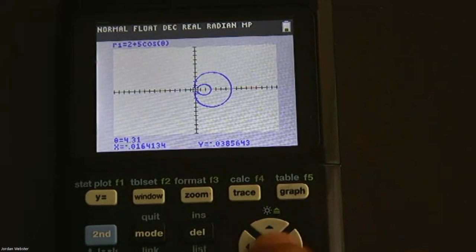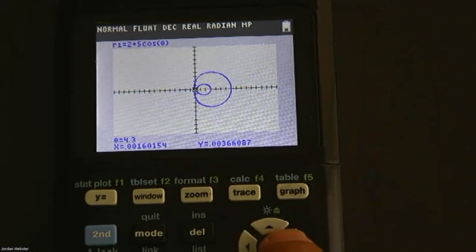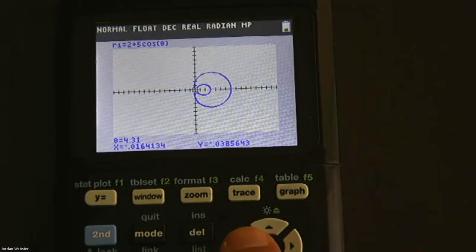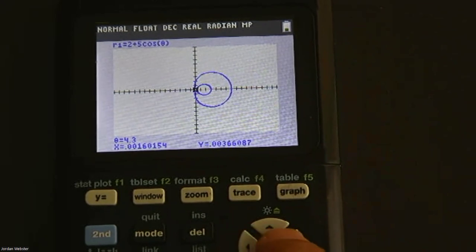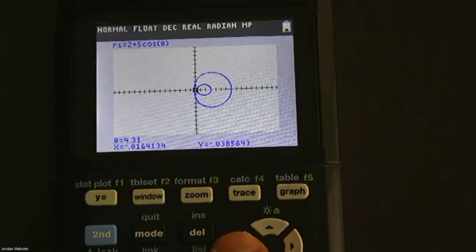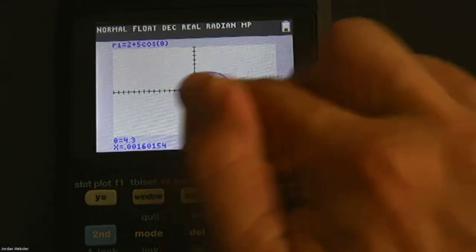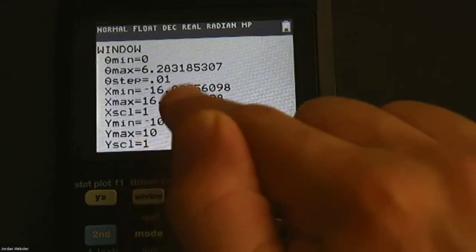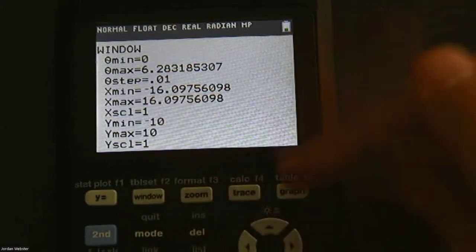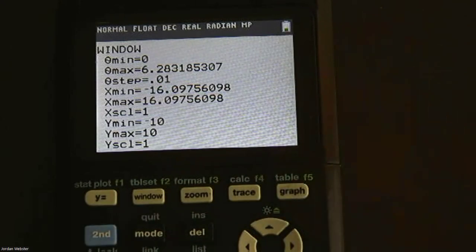So I know it's between 4.3 and 4.31. So I know it hits the origin somewhere in between there. And I can get, again, really, really close if I just adjust my window and adjust my step. I'm not going to do that right now, but there you go.